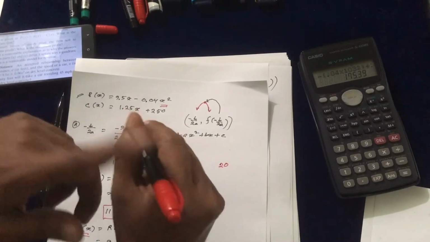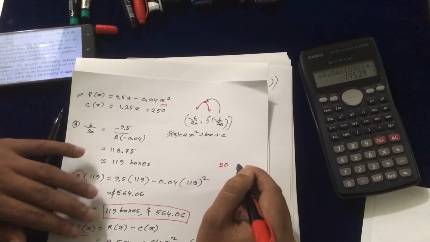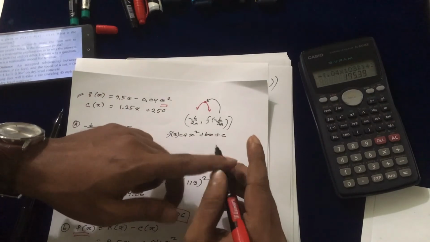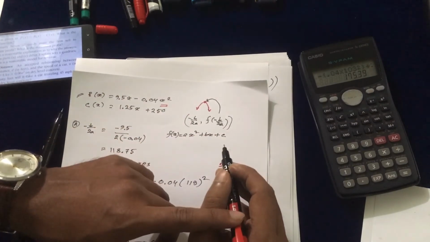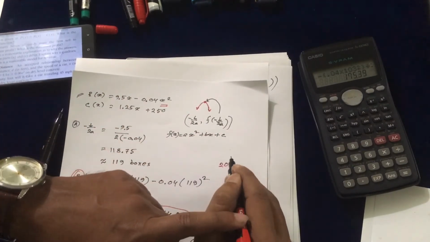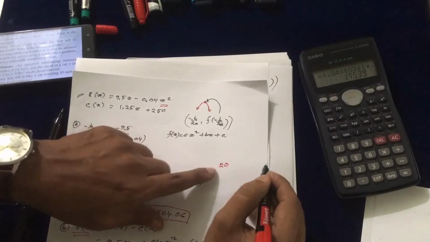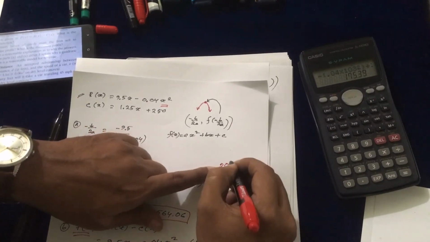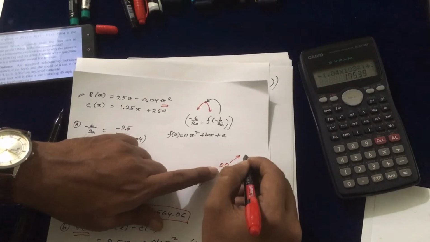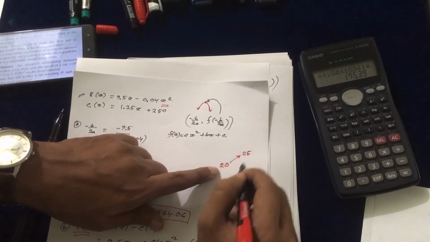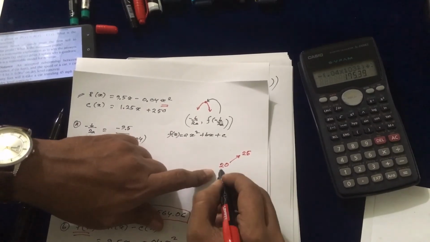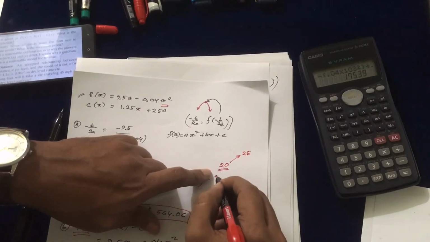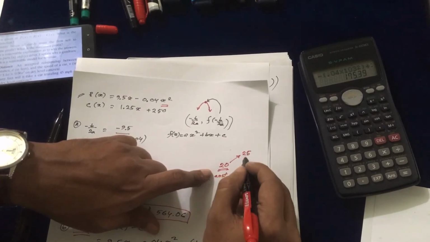The shopkeeper bought it for 20 taka. Now suppose the shopkeeper sells it for 25 taka. So 20 taka is the cost, and this is the selling price.